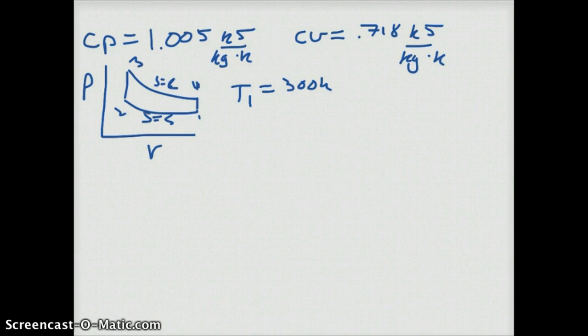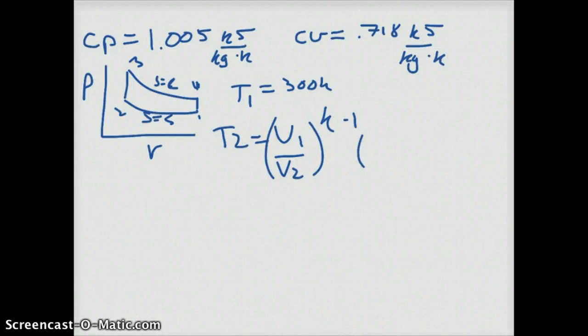So we can use our isentropic equations to find our T2, which is going to be this equation, with k equal to 1.4 at 300 K.